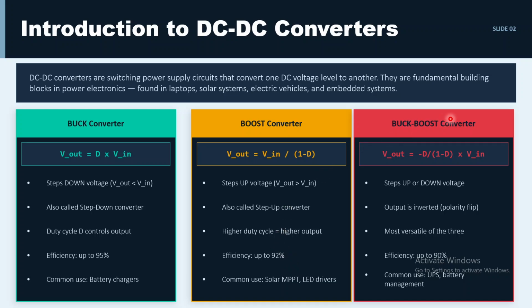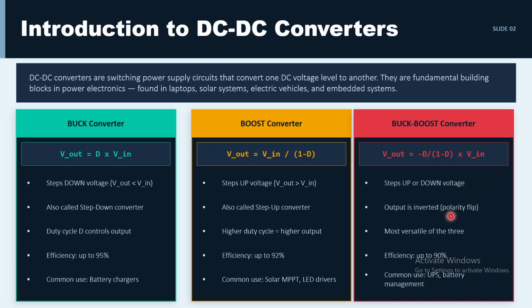Then there is the buck boost converter, where you use both operations. Either you can make the circuit work as a boost converter, or as a buck converter. Both step up and step down of voltage can be done.